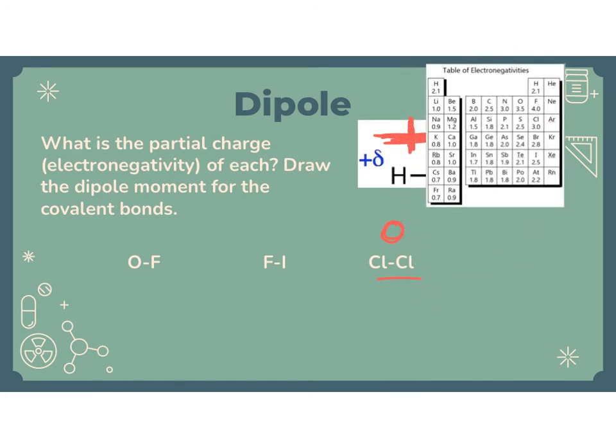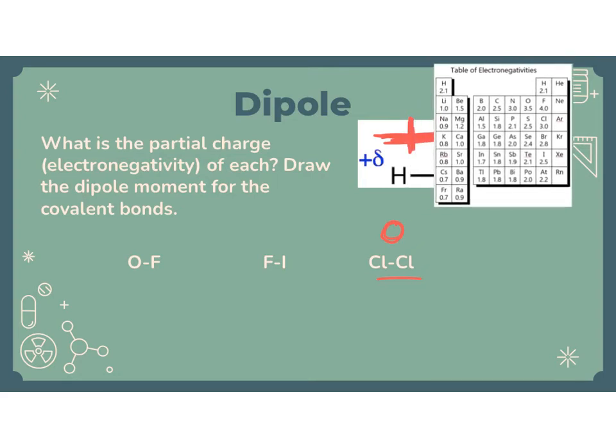All right, so between O and F, the difference is 0.5. So 0.5 for this one. So it has a dipole moment. All right, let's look at the second one. F and I: I is 2.5 and F is 4, so that difference is 1.5.